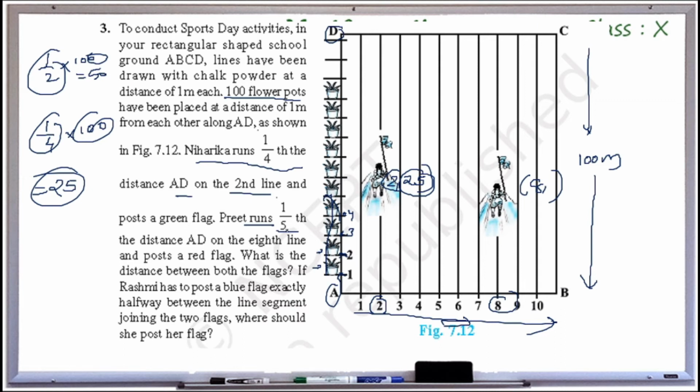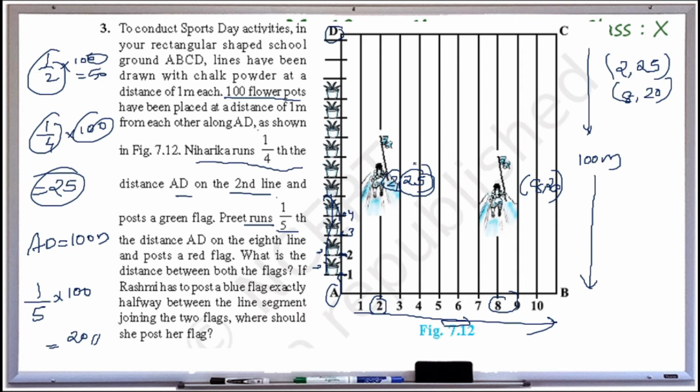Given 1/5 of the AD, we know the AD is equal to 100 meter. 1/5 of AD is equal to 20. So she is at 20 meter on the track. So the coordinate is 8, 20. So we get two coordinates, 2, 25 and 8, 20.